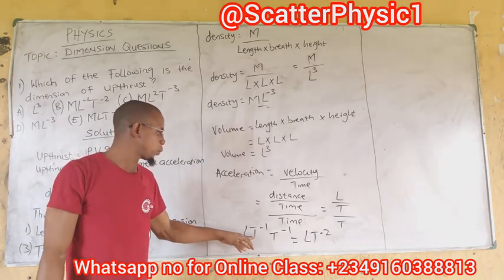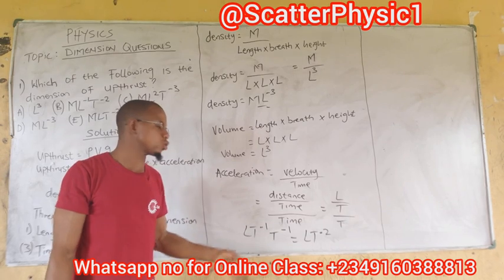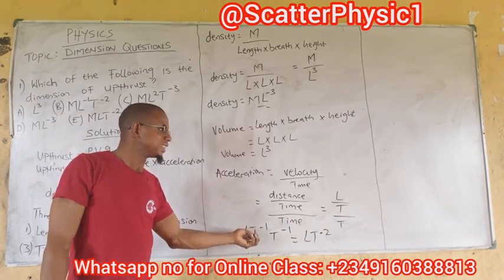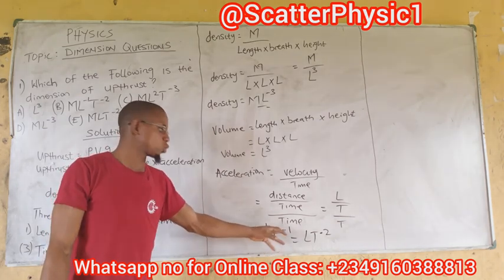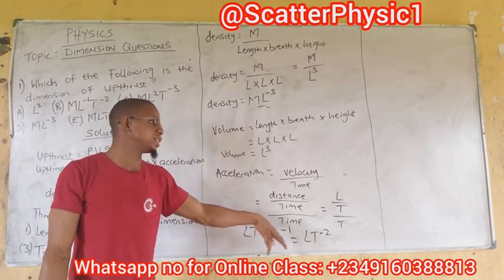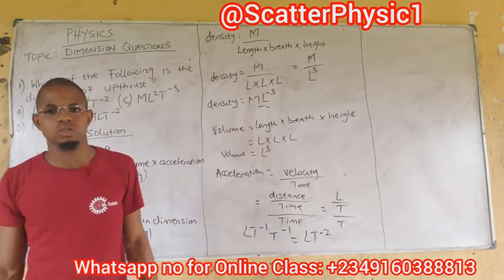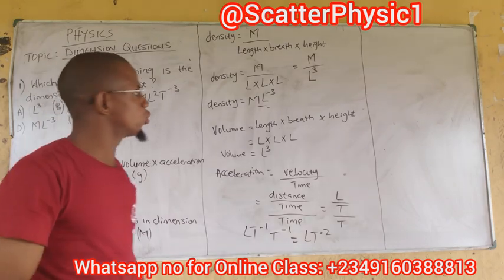Because we have the same T with minus 1, you overlook the T and make use of the number: minus 1 and minus 1 give minus 2. So we have L T raised to the power minus 2.